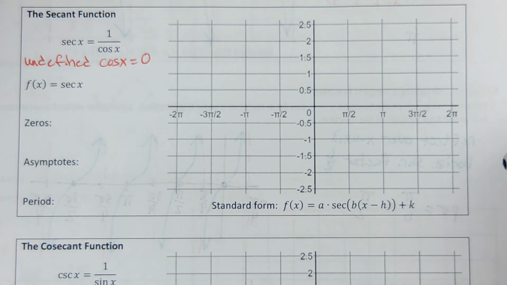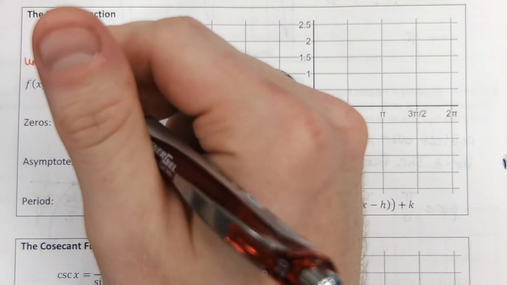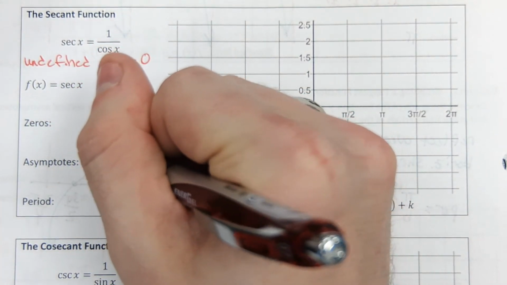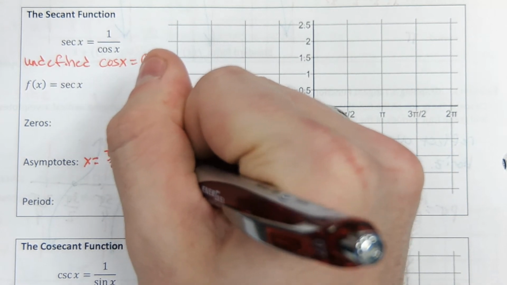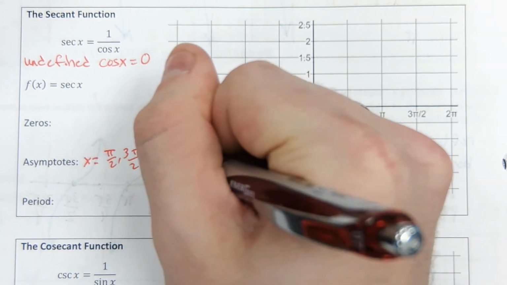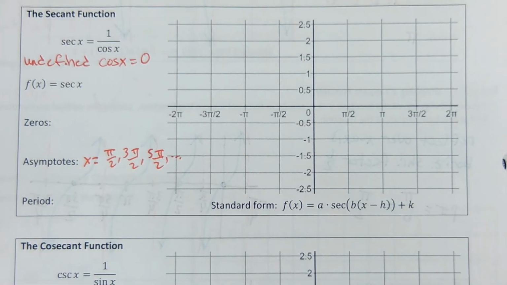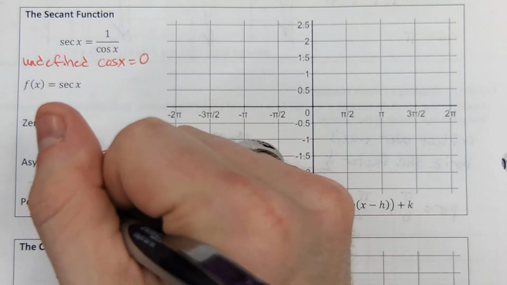X is 0 in the quadrantals means you're on the y-axis, so those would be the odd multiples of pi over 2. Because the period of cosine is 2 pi, so is the period of secant.